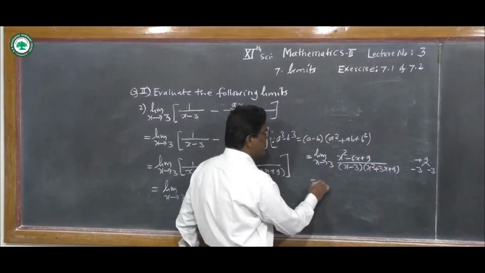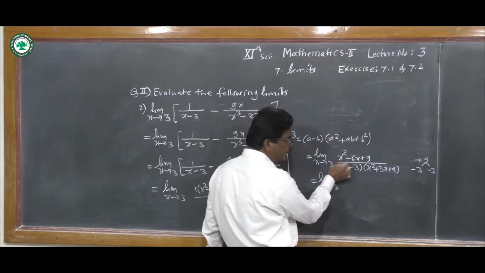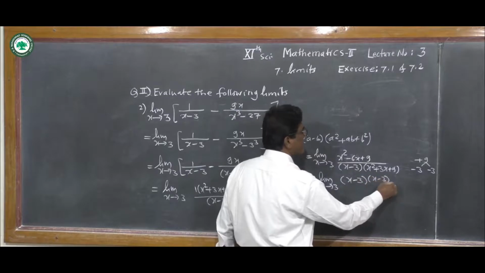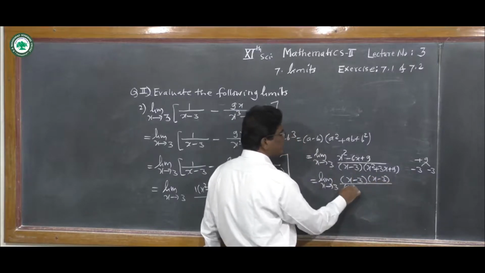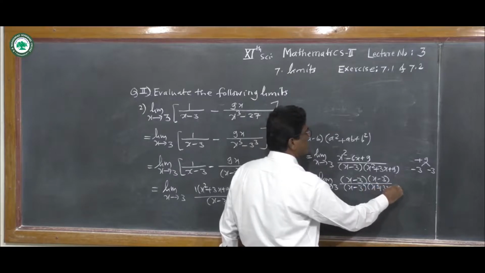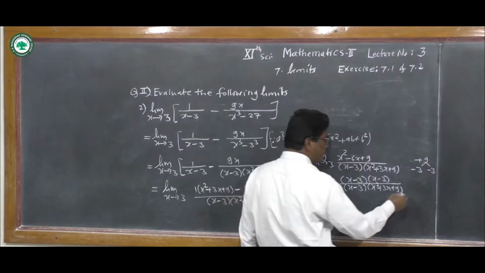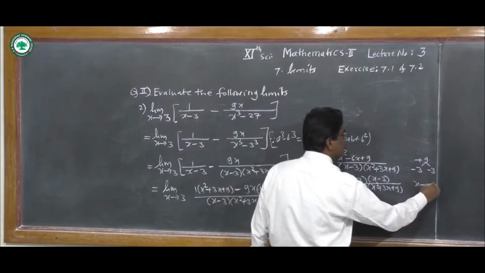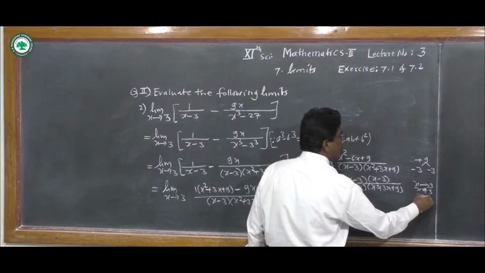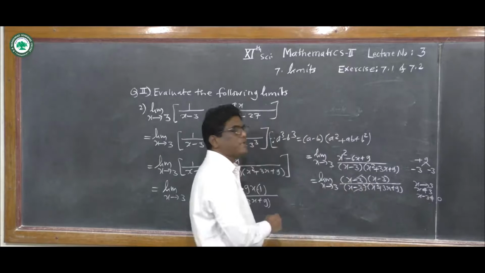And so we write here limit as x tends to 3, we write factors, that is x minus 3 and also x minus 3, divided by this x minus 3 into x square plus 3x plus 9. And now we cancel this common factor. But before, we write here x tends to 3 means x not equal to 3. So x minus 3 not equal to 0, and so then we cancel this x minus 3.